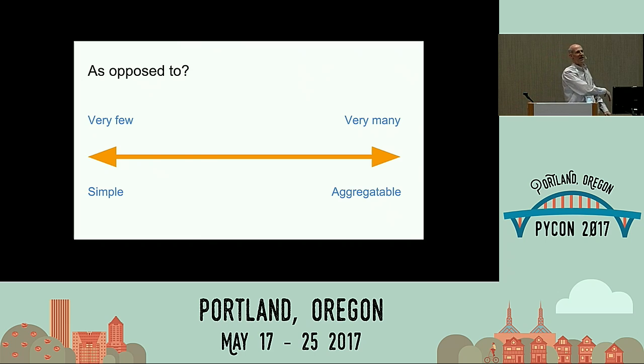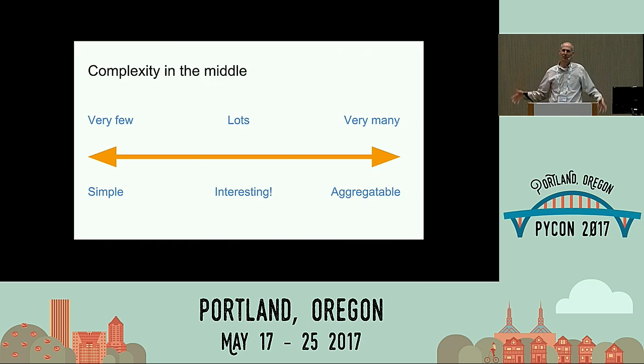On the other end of that spectrum are things like statistical mechanics, where you have very large numbers of things. There, you may not be able to say much about what any individual particle will do, but you can describe groups using aggregation and make good physical models of what they'll do on average, or as an ensemble. Complexity science is the middle piece of this. It's not the very few or the very many, it's the interesting stuff that happens in between when you have lots.